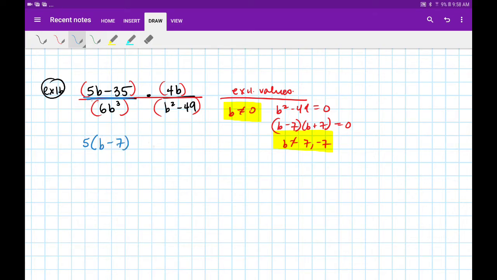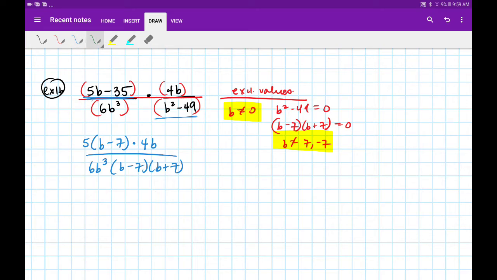I'll be left with b minus 7 times 4b all over. Now we're going to factor this, b squared minus 49. Well, we already did. And we know it became b minus 7, b plus 7, because we are Jedis at this. We are so good at factoring by difference of squares.